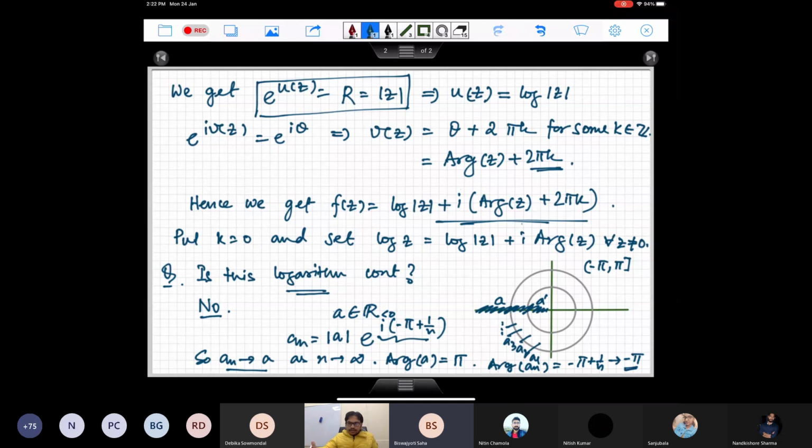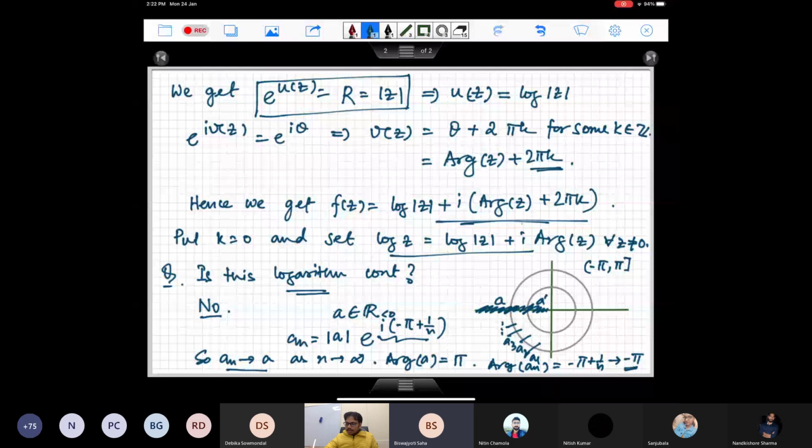And which in turn gives us that on this whole negative real axis, 0 is already excluded, the logarithm, the way we have defined it here, is not continuous. Correct?